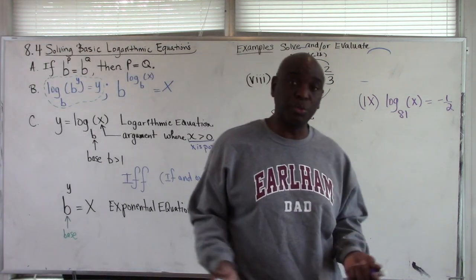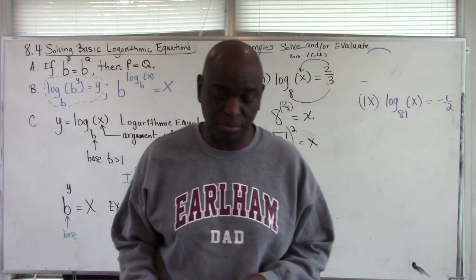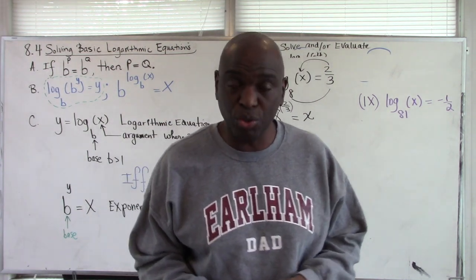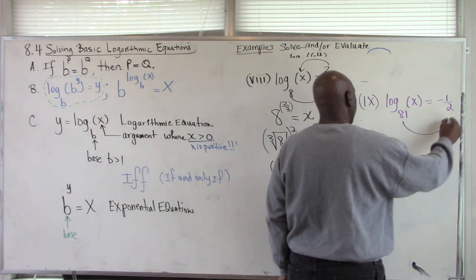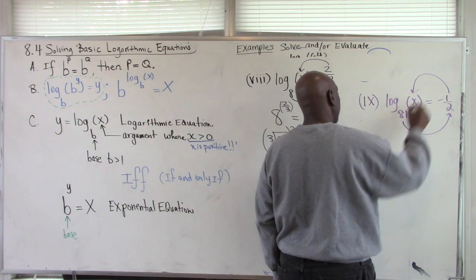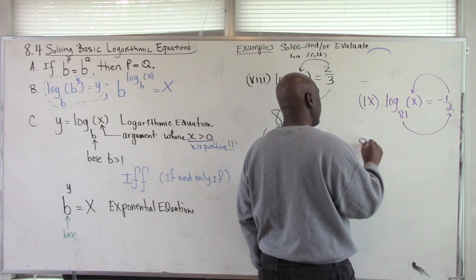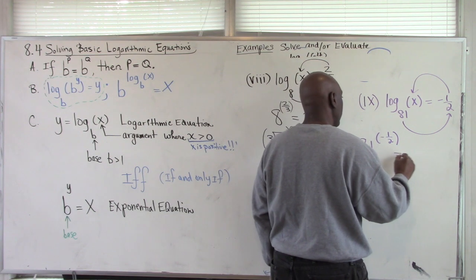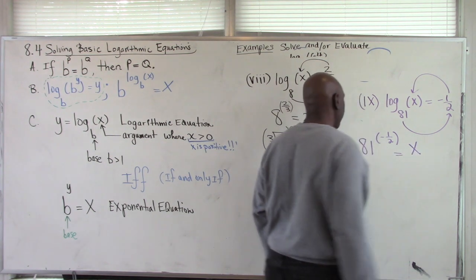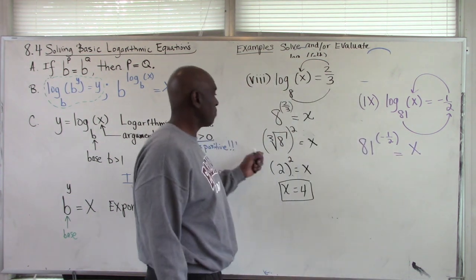What do you think we're going to do? Start with a W. Yep, wheels on the bus. This way, that way. 81 to the -1/2 equals x. Just like we did right here.